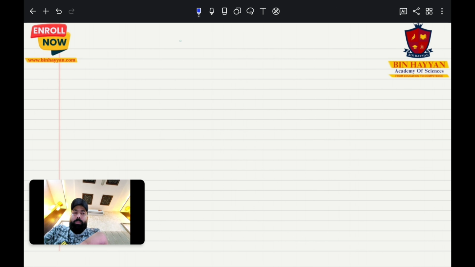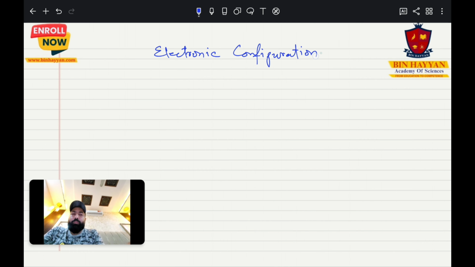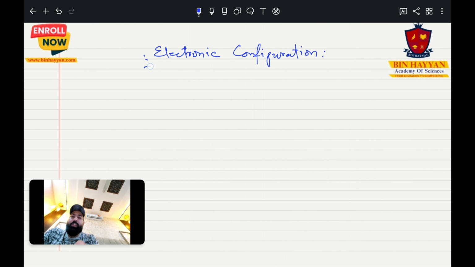So our topic today is electronic configuration. What is this?